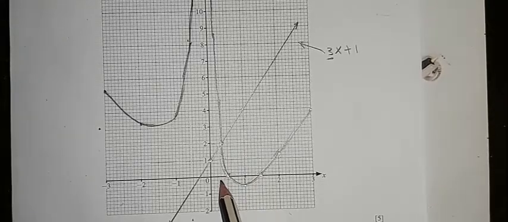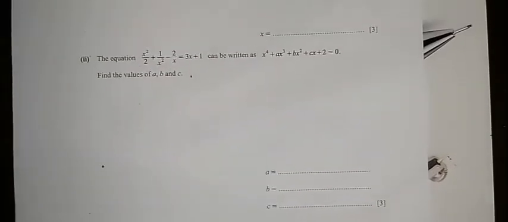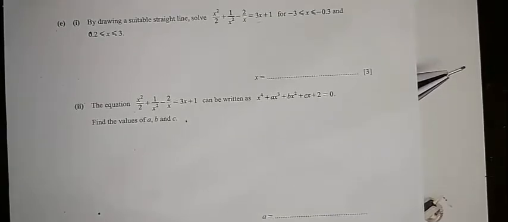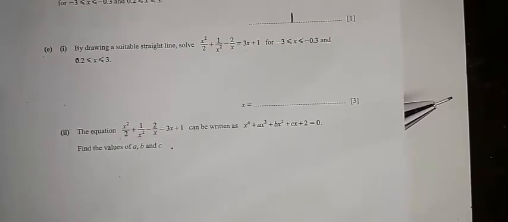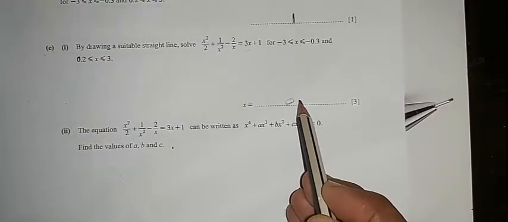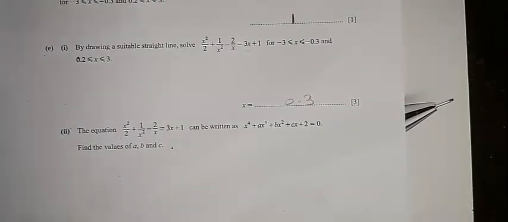The value of x here is around negative 0.3, so we can deduce from the drawing that the value of x here is negative 0.3. This is an accepted solution, okay?